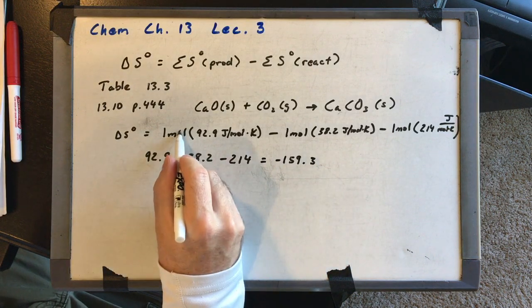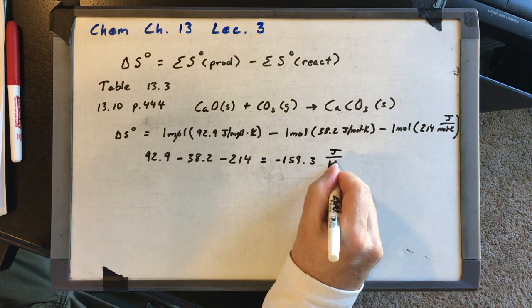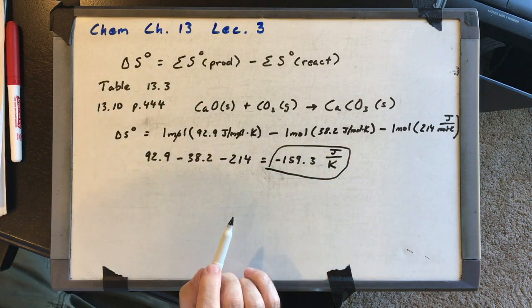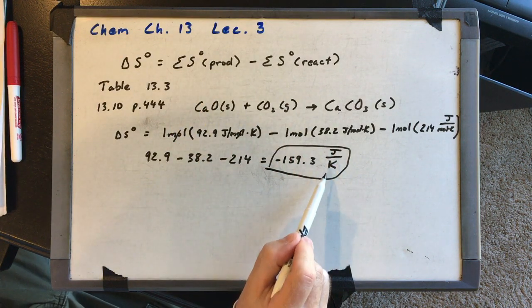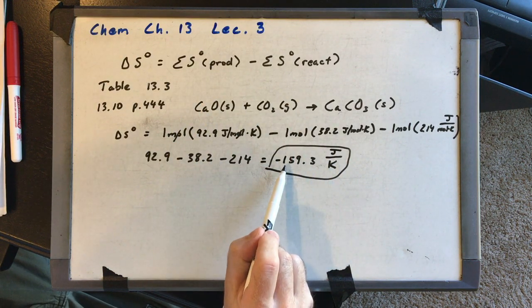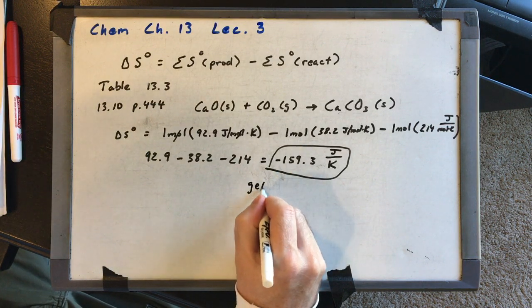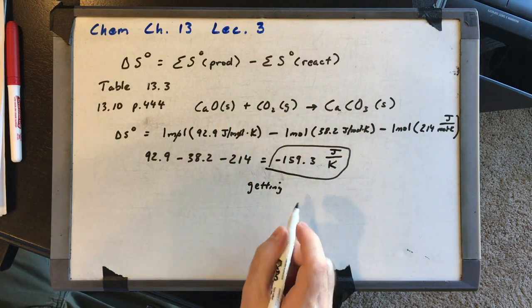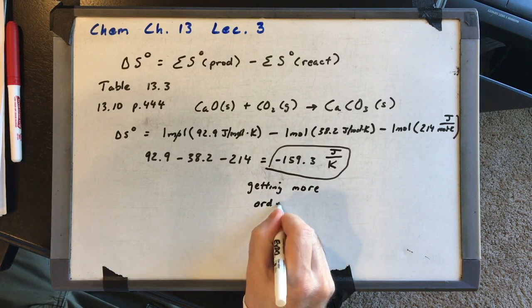And the unit, mole and mole cancels, and the unit is joules per Kelvin. So remember, products minus reactants, unit joule per Kelvin. It should make sense that the entropy is negative, that we are getting more ordered, because we're going from a solid and a gas to just a solid. So that means we are getting more ordered here.